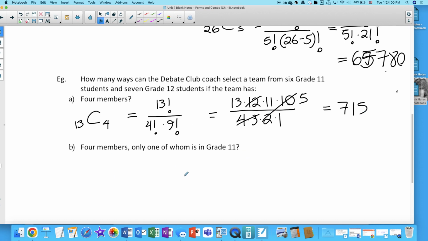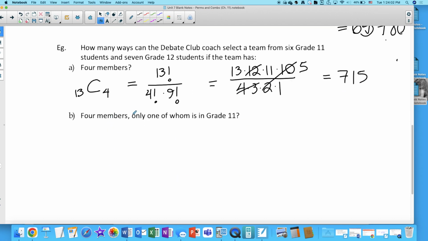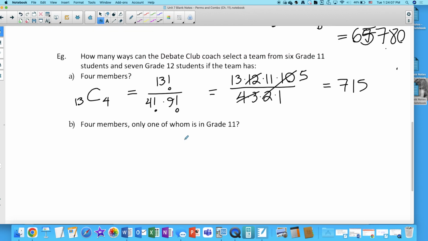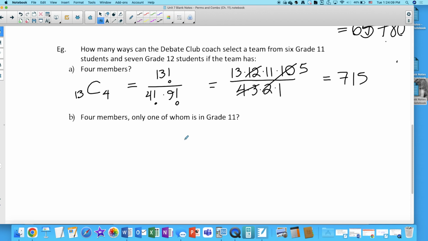Okay, so what about this? 4 members, only one of whom is in grade 11. So you have 4 members, 1 from grade 11, then how many from grade 12? 3 from grade 12. So what we have to do here is figure out that we need 3 grade 12s and 1 grade 11.